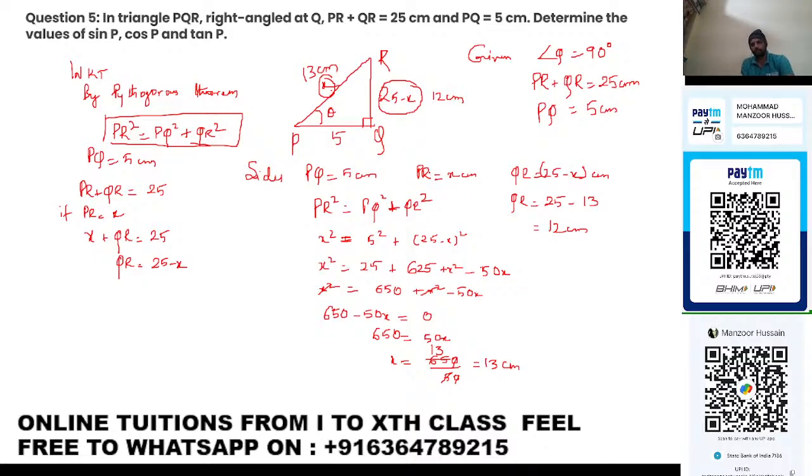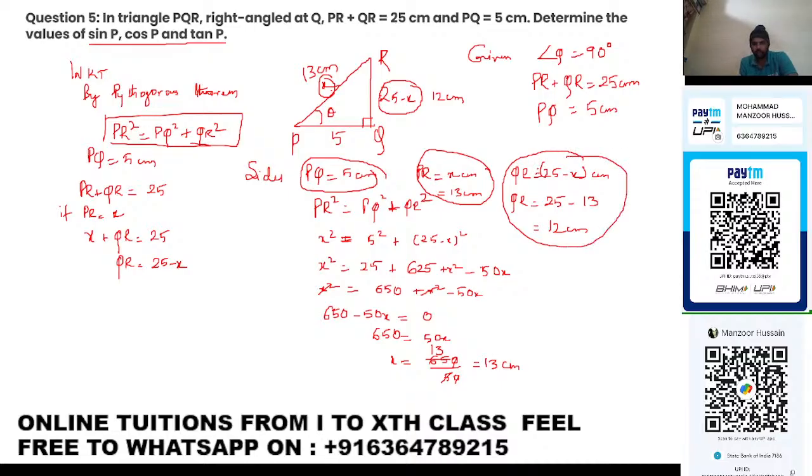After finding out the value of each side, PQ is equal to 5 centimeters, already given. PR has been calculated as 13 centimeters. And the third value is QR is equal to 12 centimeters.